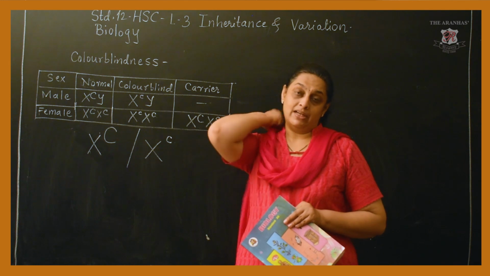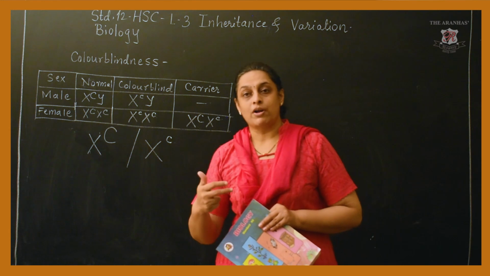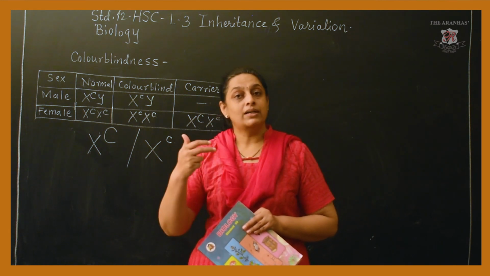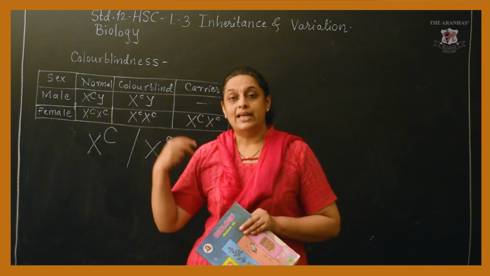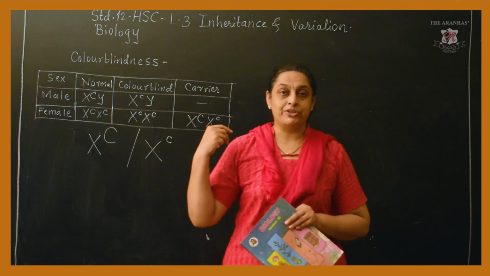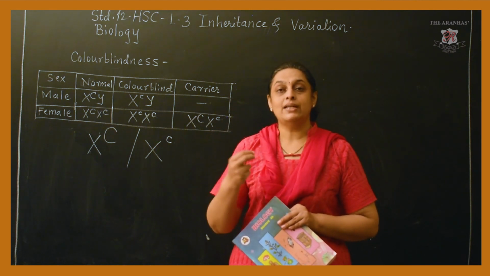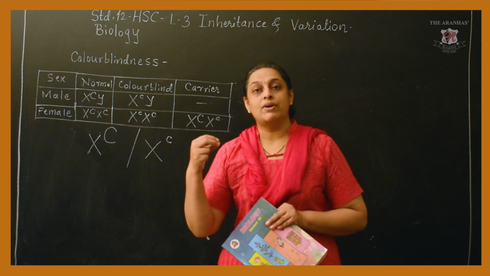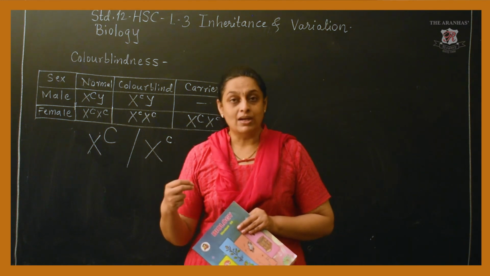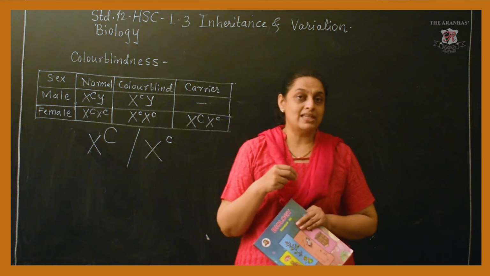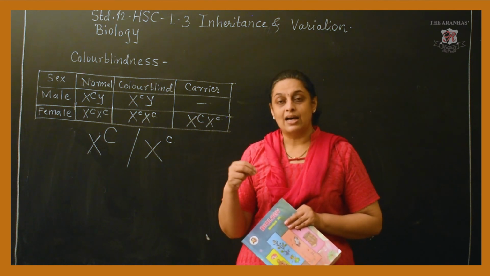If you have ever seen the application form for a driving license, you will see that there is one question in that form, whether the person applying for the driving license is color blind or not. Because in the traffic signal, red and green colors are used.